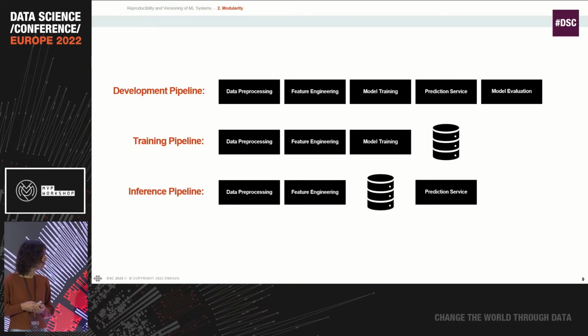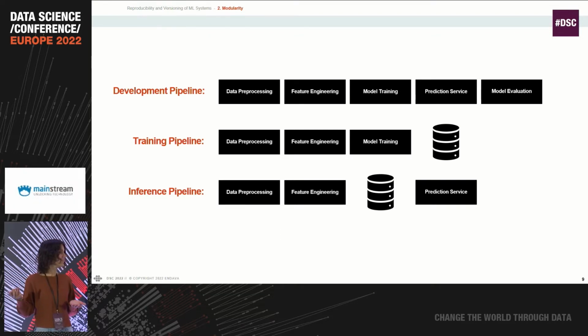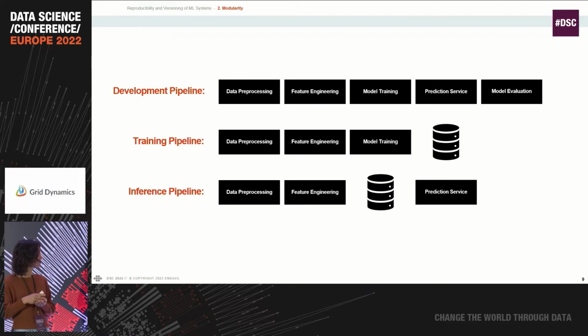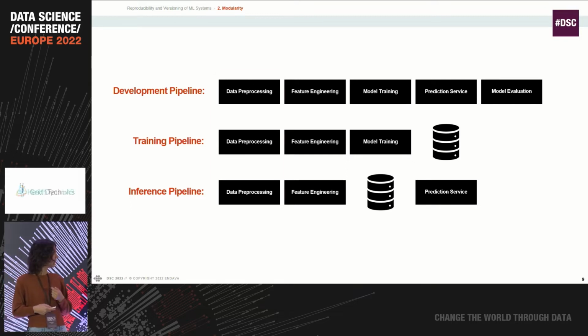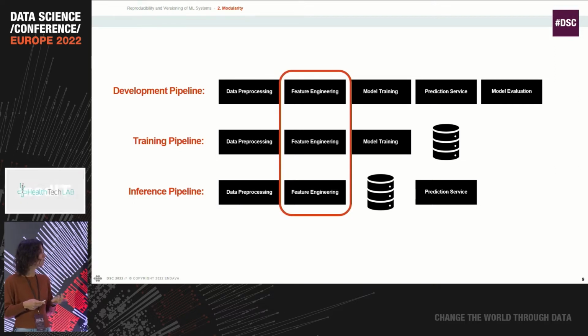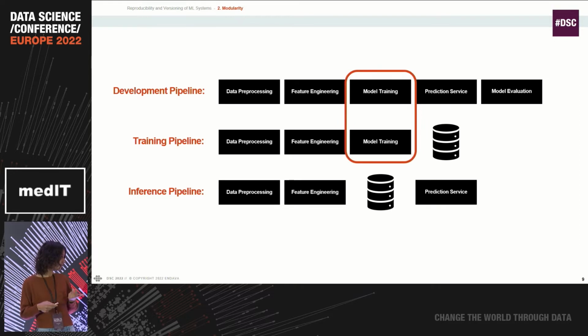We will have to pre-process the new data that comes in, do feature engineering, and then let's suppose that we grab the model from the storage where it was saved after training and use it in the prediction service. So we can see that quite some parts of the code of our system are overlapping.